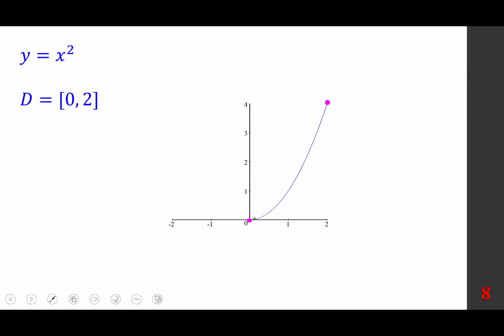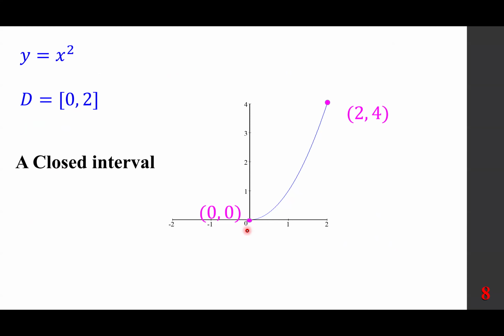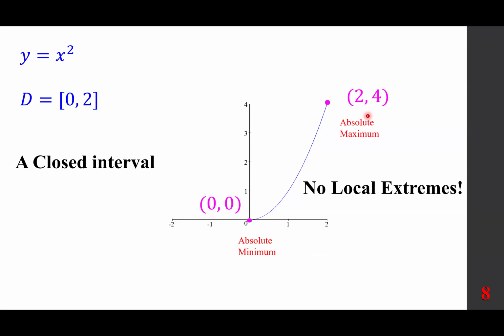Let's look at the same function, but change the domain to a closed interval of 0 to 2. Obviously, this is 0, 0, and this is 2, 4. This is the absolute minimum, and this is the absolute maximum, and we don't have local extremes because endpoints can't be local.